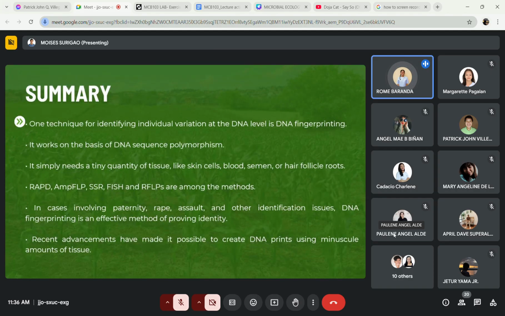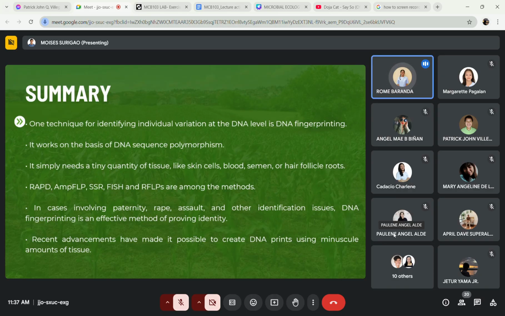So as a summary again, one technique for identifying individual variation, our uniqueness as individuals at the DNA level, is called DNA fingerprinting. Its principle works on the basis of DNA sequence polymorphism, which refers to DNA sequences that have multiple alleles in the human population, therefore different in different individuals.